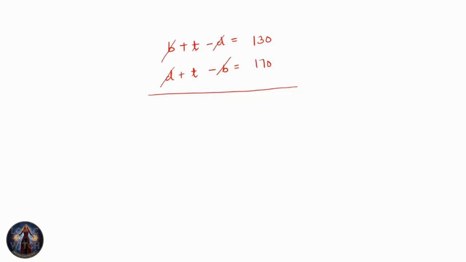What I'm going to get, t plus t will give me 2t, and here 130 plus 170 will give me 300. So what is going to be the t? T is going to be 300 by 2, which on simplification will give me t as 150. So the height of the table is going to be 150 centimeter.